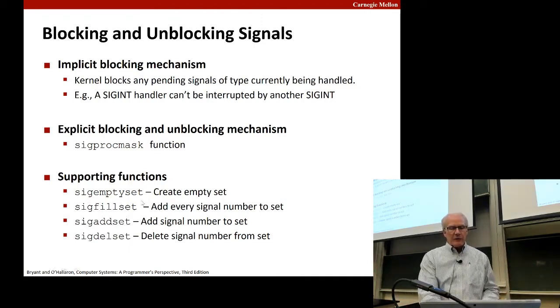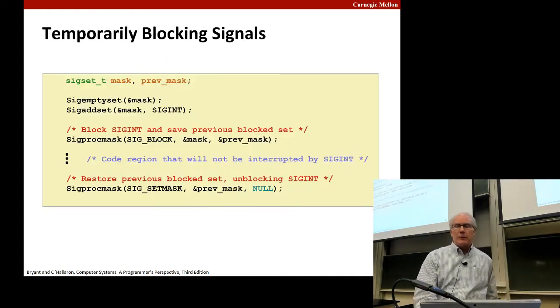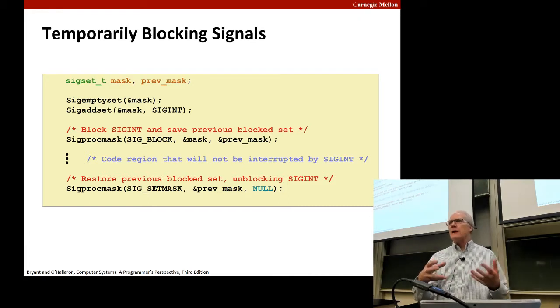You can block all signals by filling that set, or you can add specific signal numbers to the set, or you can delete specific signal numbers from the set. So these are all functions with various ampersands and arguments and stuff like that that you can use. But the idea is you can create and manipulate these sets of blocks.